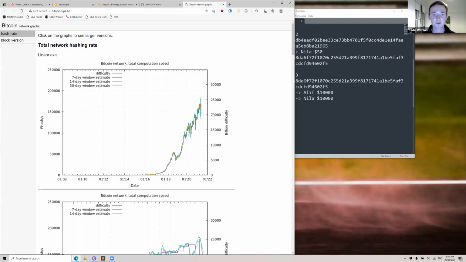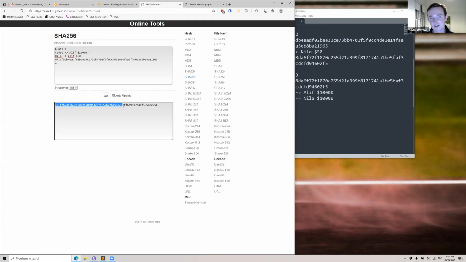But the total Bitcoin network as of now does nearly 200,000 petahashes per second. So that's, I don't know, some 1,000 billion or something like that. That's how much power is needed to secure the Bitcoin network. And that's because you might require a hash with like 18 zeros at the start, for example.